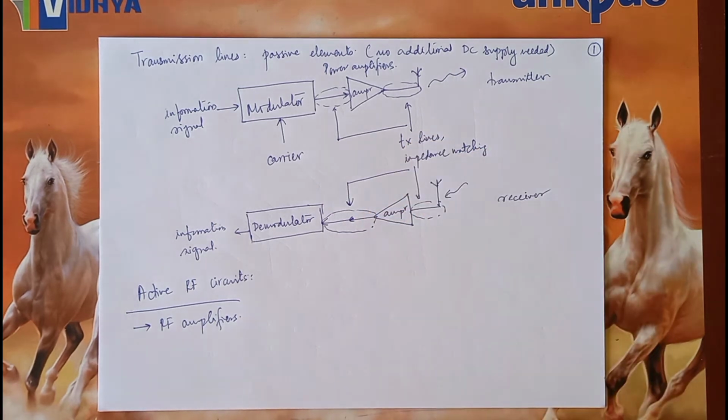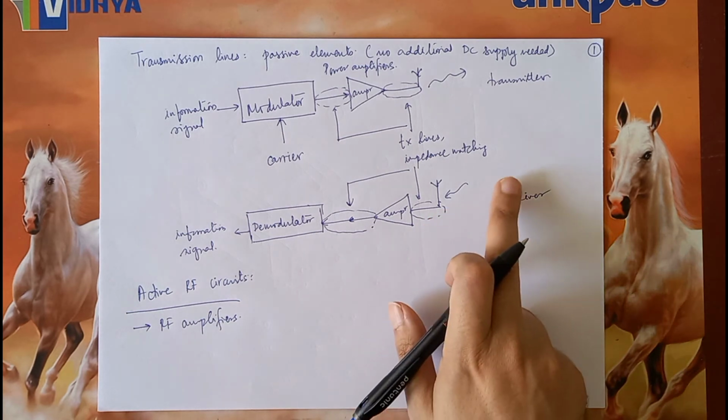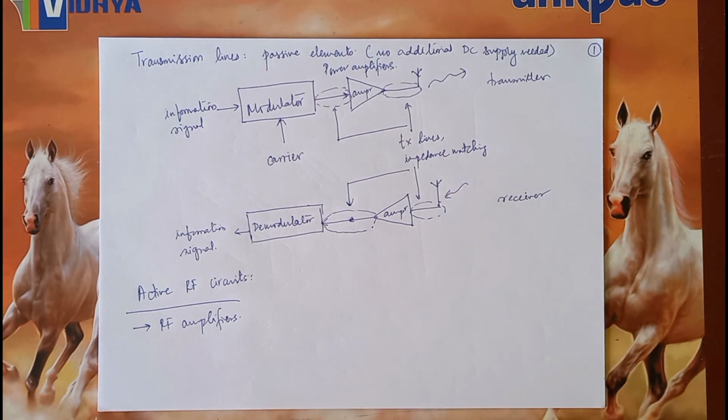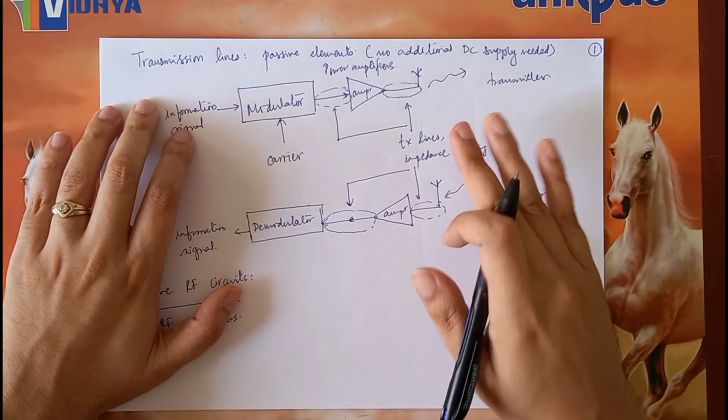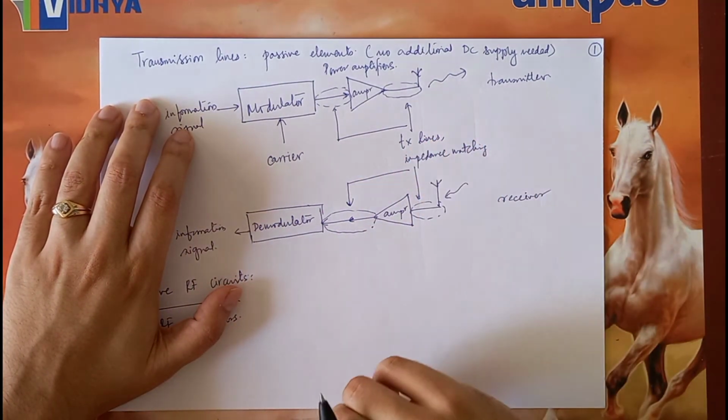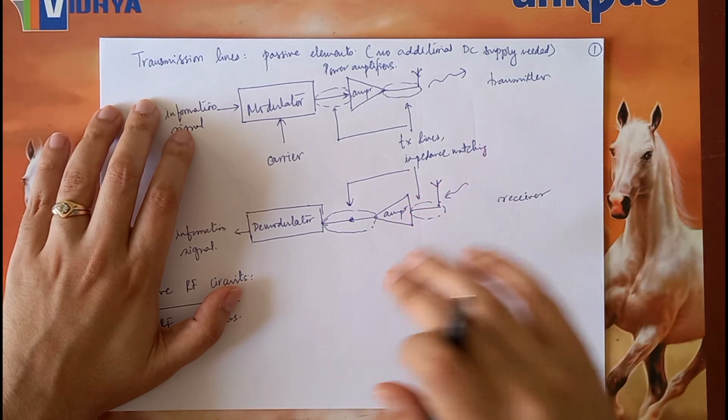On the other hand, the receiver also has to provide gain. Of course, both amplifiers have to provide gain, that is a given. But the job is slightly different in the receiver. The signal received by a wireless receiver is generally very weak in magnitude, and there is also a lot of noise in the ambient, so the signal is not very clear.